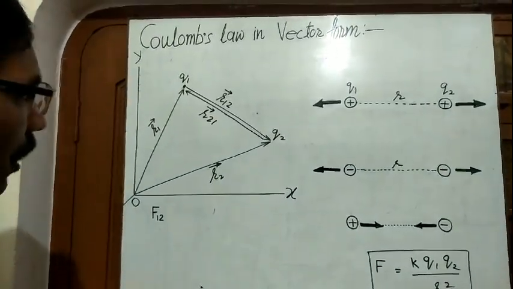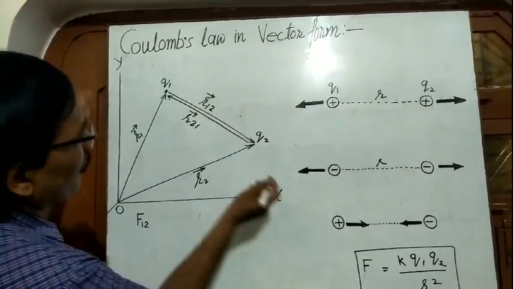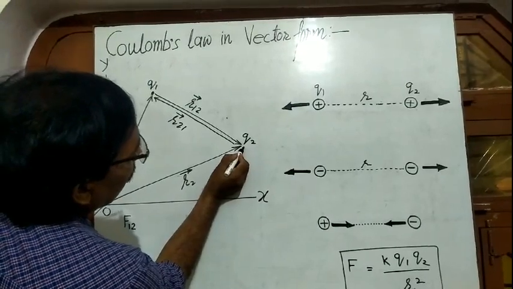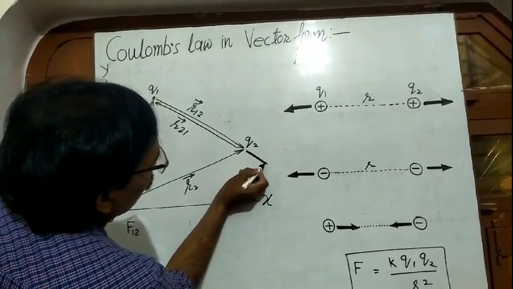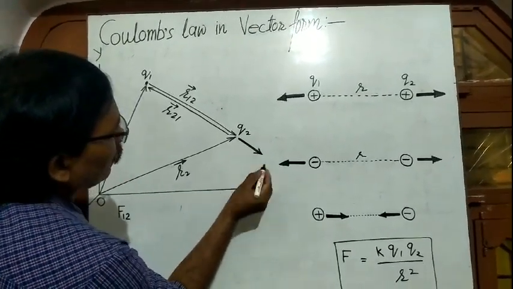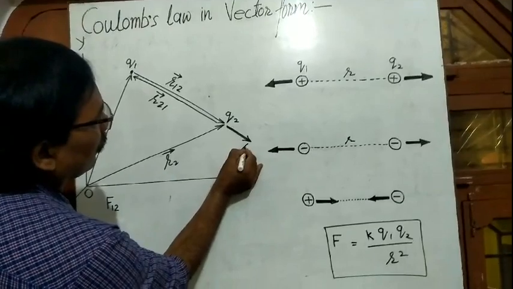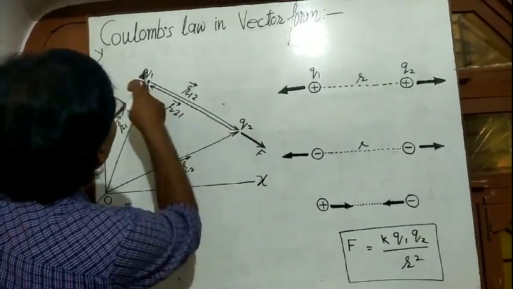Clear? Now the repulsive force, these two charges are repelling each other. The force acting on charge q2 will be along this direction, and this force is written as F21, force acting on charge q2 due to q1.